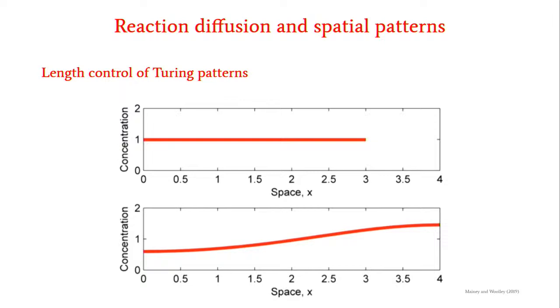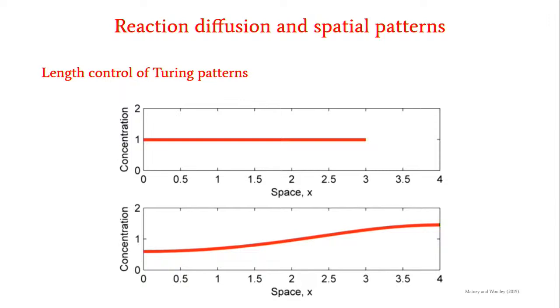And you see that in this domain, when your domain length is 3, there is no destabilization of the steady state. You still have this uniform concentration throughout. This is just one of the species, let's say U. On the other hand, if you now increase your length to 4, you start getting these instabilities, these heterogeneities that appear.